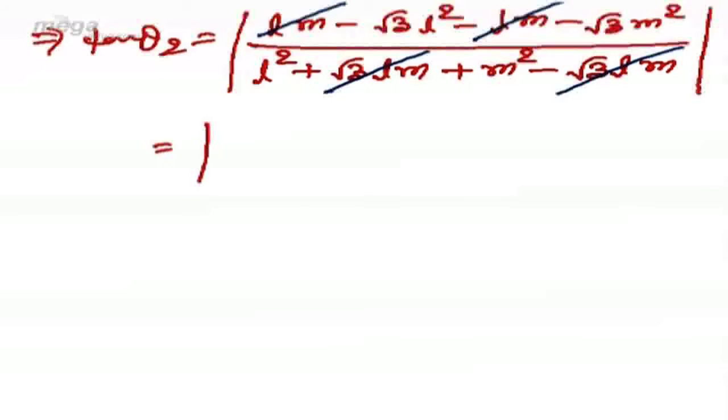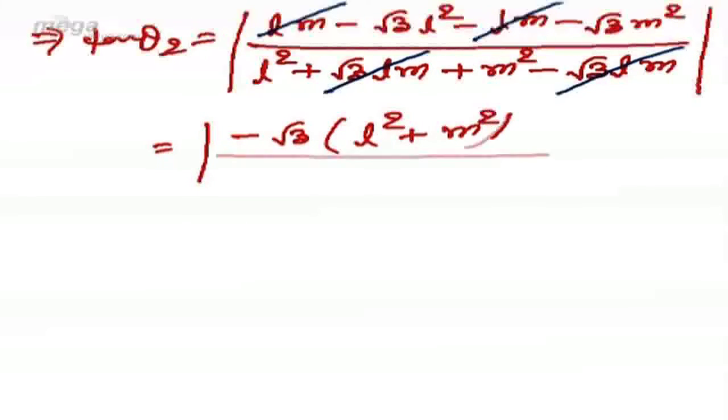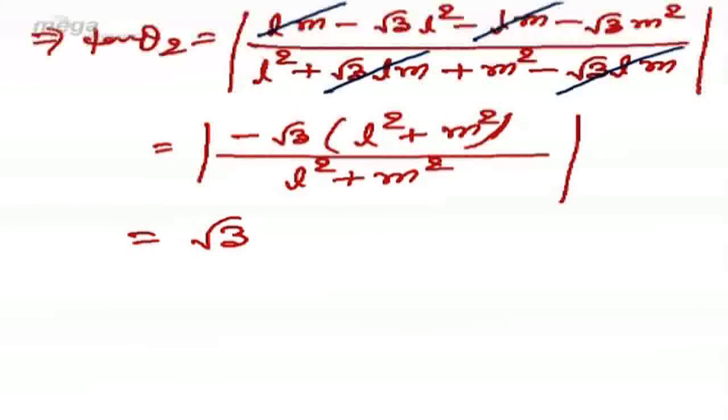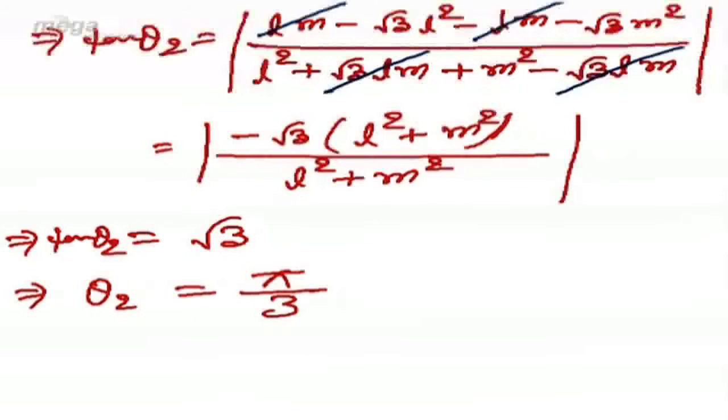So from the above terms you can take minus root 3 common, and hence it will be L square plus M square upon L square plus M square mod, and you will get finally equal to root 3, which is tan theta 2, and hence theta 2 is again pi by 3.